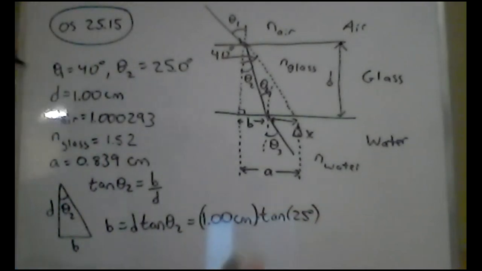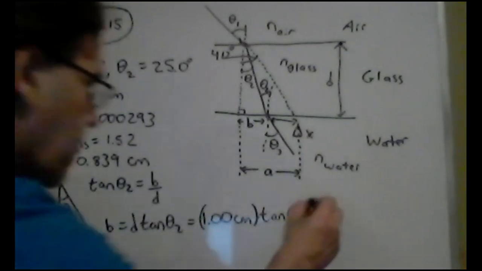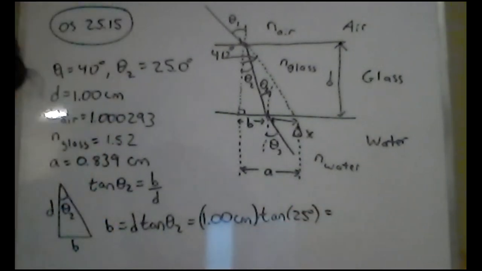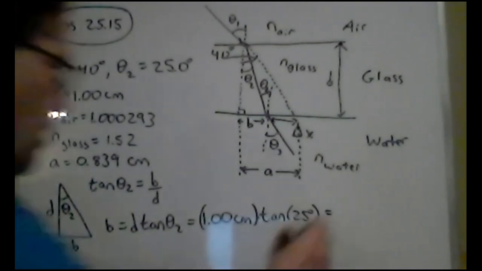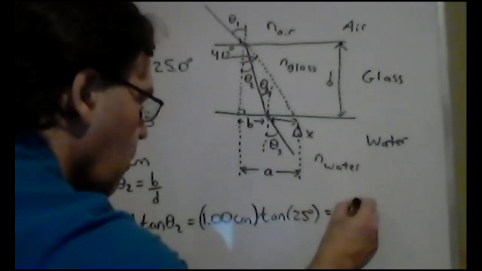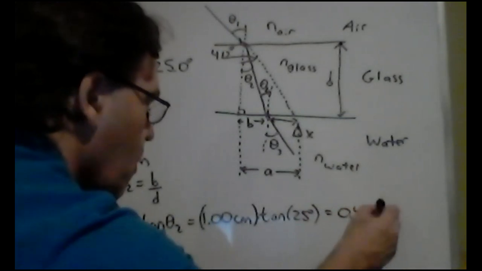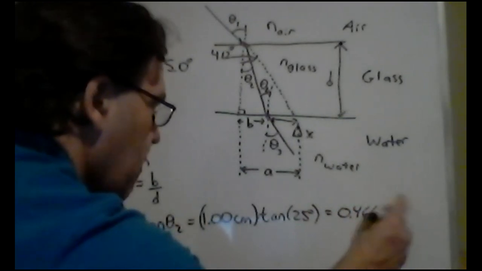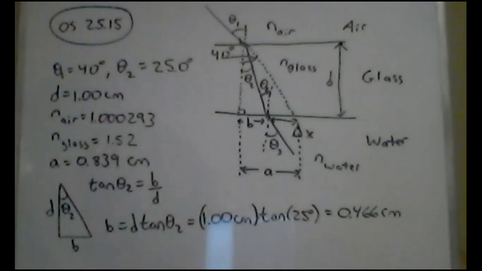And that tells me that B is simply equal to 0.466 centimeters. All right, parking lot that, 0.466.